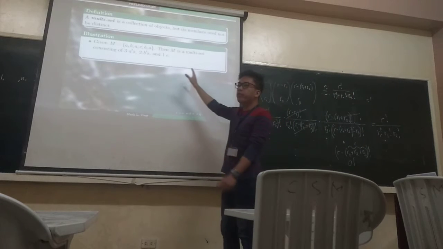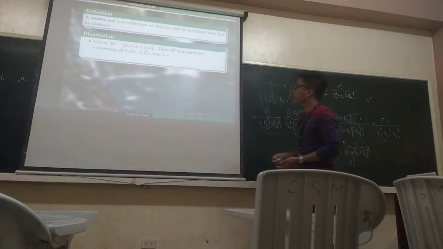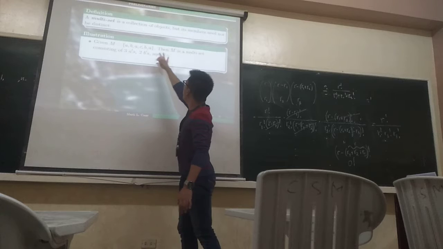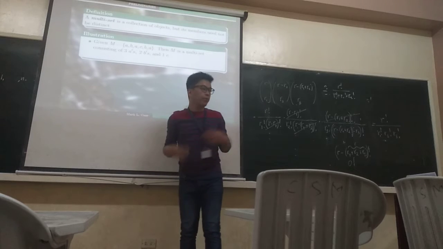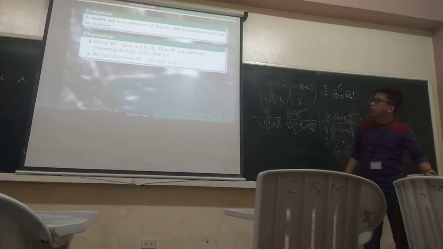Here we generalize. We consider this set M, a multiset consisting of 3 A's, 2 B's and 1 C. We can also write M that way; the members are not necessarily distinct. So instead of writing A three times, you just write 3 times A, and so on.